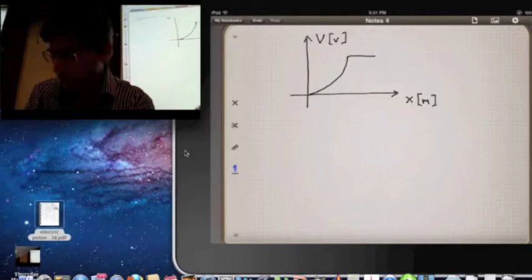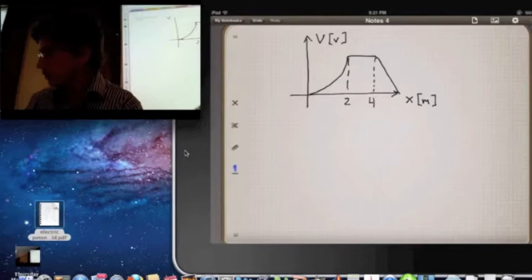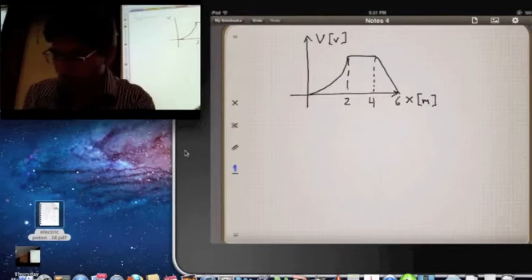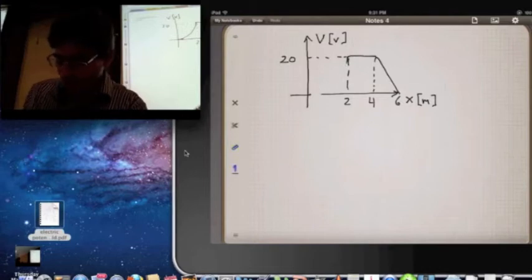It turns flat between 2 and 4, and it goes down to 0, straight line, at 6 meters. And the height that it reached over here, the maximum potential, is 20, and this is in volts. Let's try to calculate the corresponding plot for the electric field.